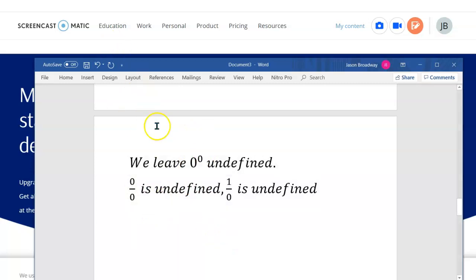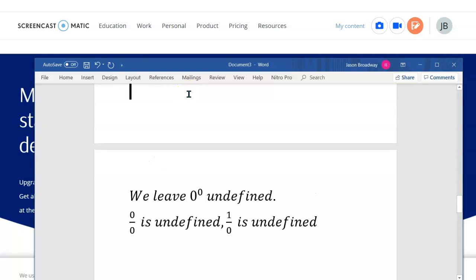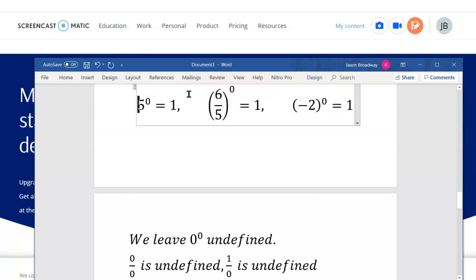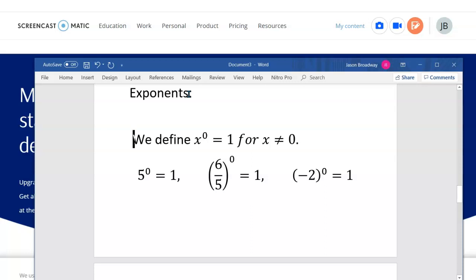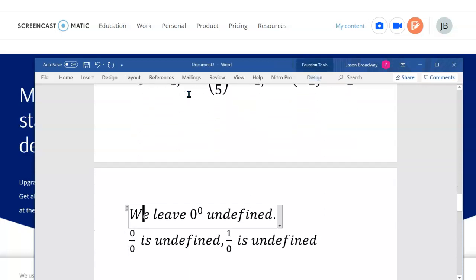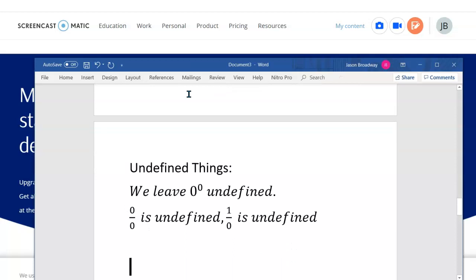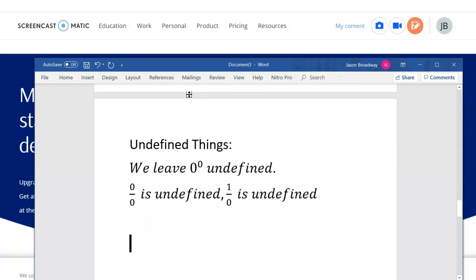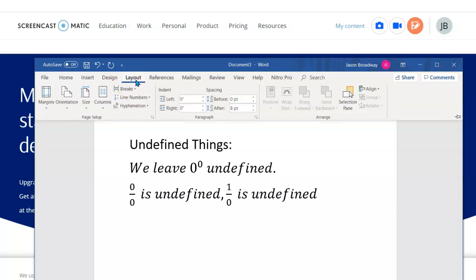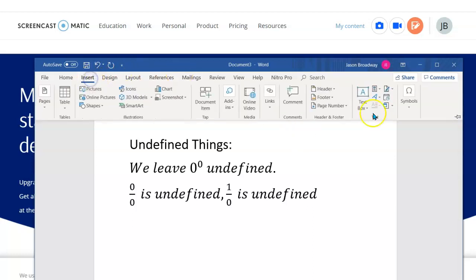Now, let's move along. So there's exponents, and this is just a little section on undefined things. But let me get back to exponents. So back to exponents we go, and I'm almost halfway in, but I've got a little time.